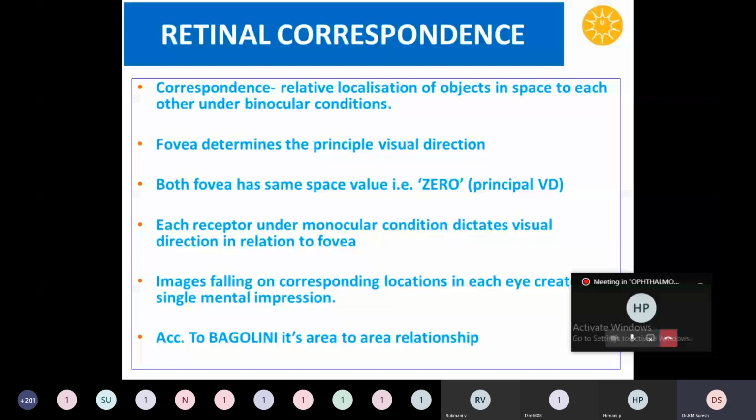The third point is that both foveae have the same space value, that is 0, principal visual direction, which is important.